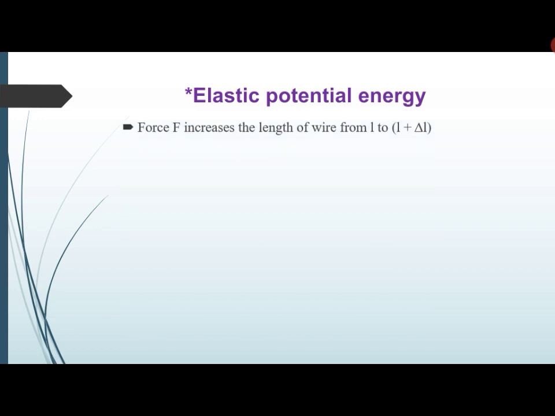Now, after discussing the applications of elasticity, our next topic is elastic potential energy of a stretched wire. So, if we are applying force on any length of a wire, in that case, we are having an increase in the length of that wire.